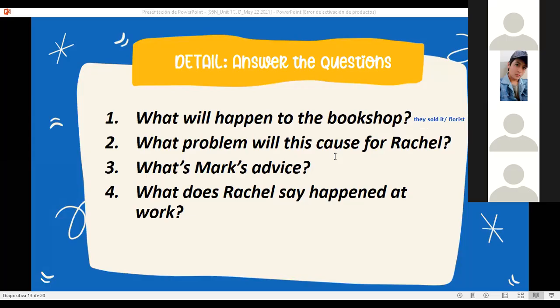Las ganancias, el dinero. Yes, that would be a problem. Maybe she is worried because she won't earn the same. Let's put it this way. Won't earn. No va a ganar la misma cantidad de dinero, ¿verdad?